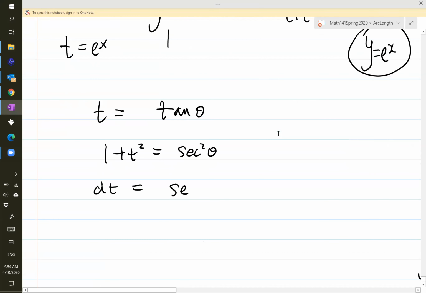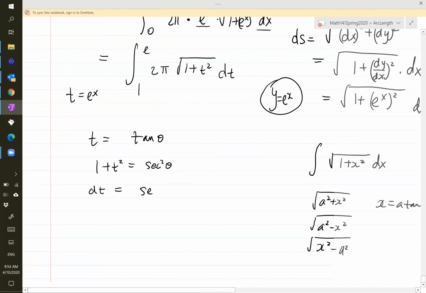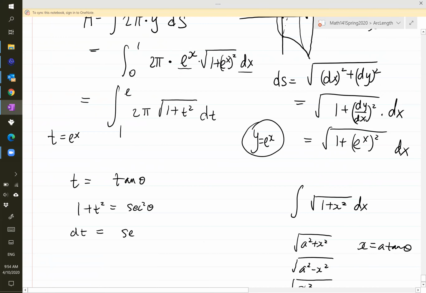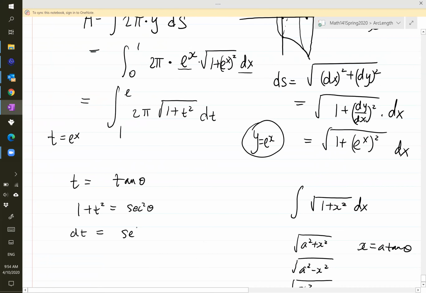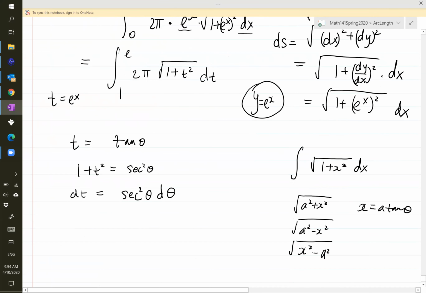Sorry. dt will be secant squared of theta d theta. Then A will be, forgetting about the 2 pi and the limits for now, the square root of 1 plus t squared is secant theta, times secant squared theta d theta.